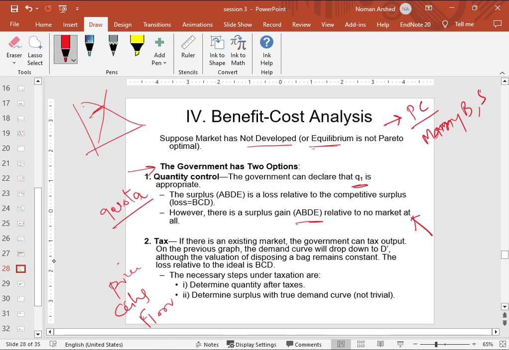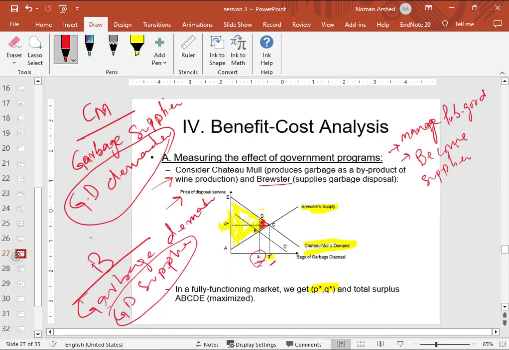लेकिन अगर हम दूसरी तरफ से देखेंगे, सपोज देयर वाज नोबडी प्रोवाइडिंग गार्बेज डिस्पोजल, इफ वी कंपेयर दिस सिचुएशन कि देयर इज नोबडी हु इज पिकिंग अप द गार्बेज और क्लीनिंग अप द एनवायरनमेंट, फ्रॉम दैट सिनेरियो ABDE is a surplus, means from no supply curve.